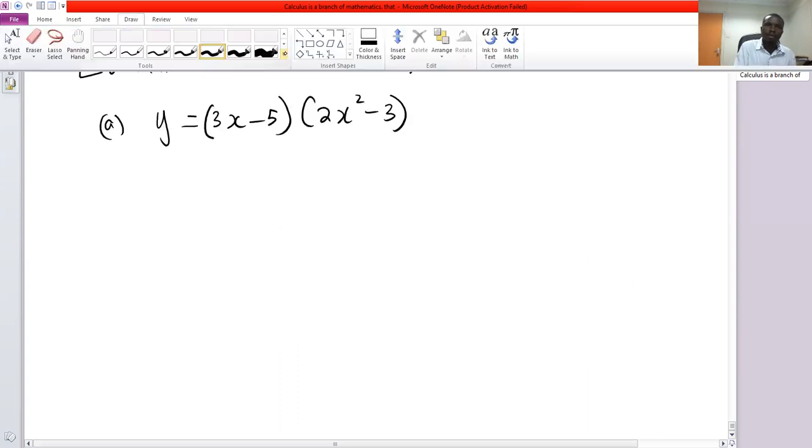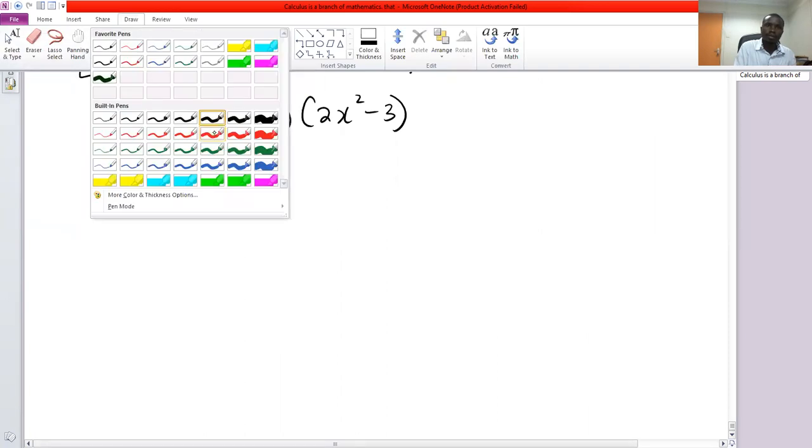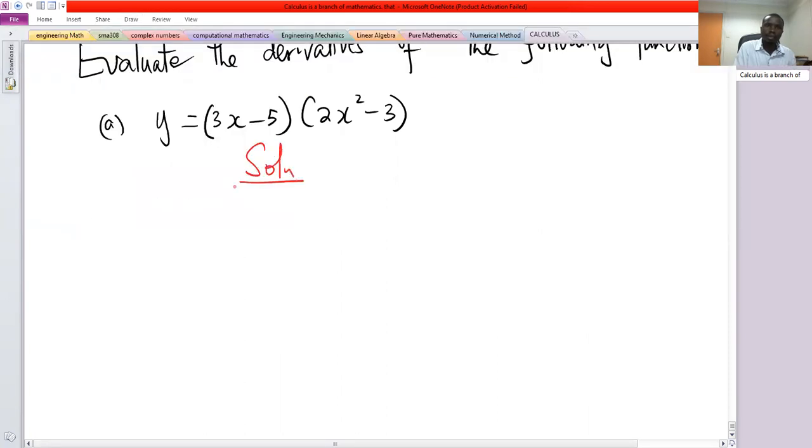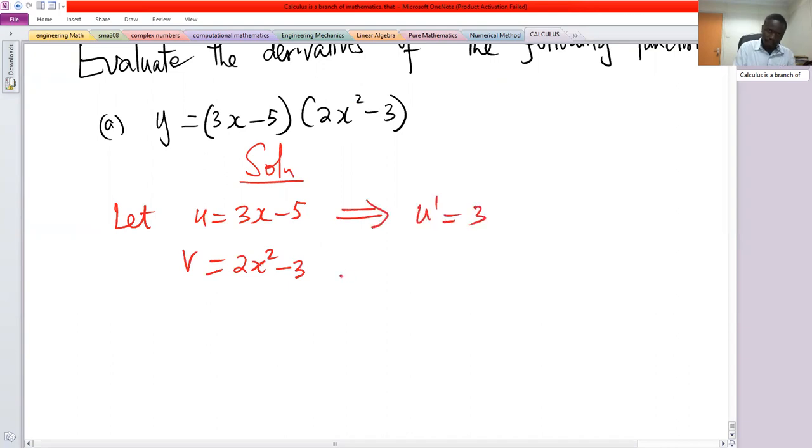So this one, we say, let u be 3x minus 5, v be 2x squared minus 3. So u prime will be 3 and v prime will be 4x.